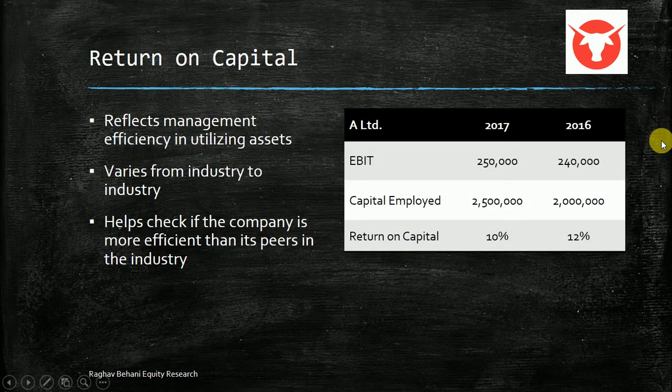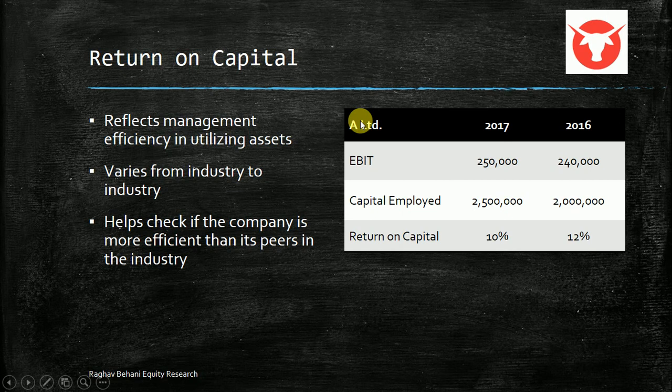Return on capital. It reflects the management's efficiency in utilizing assets or the capital which it employs in business. This varies from industry to industry. It helps check if the company is more efficient than its peers in the industry, similar to the return on assets ratio. The EBIT is divided by the capital employed to give the return on capital.